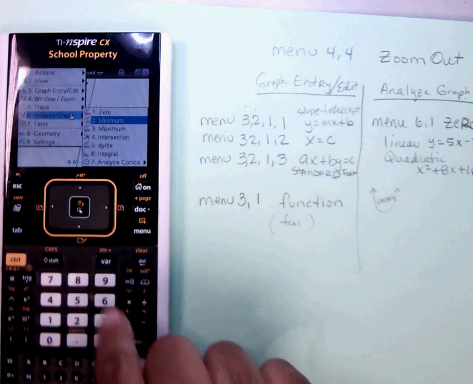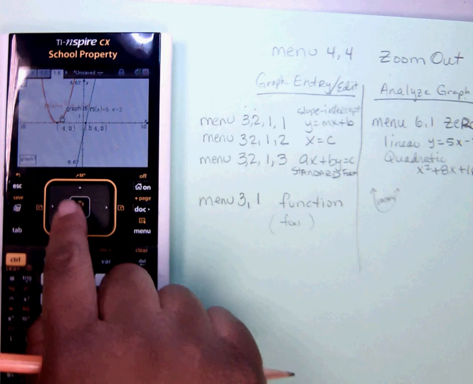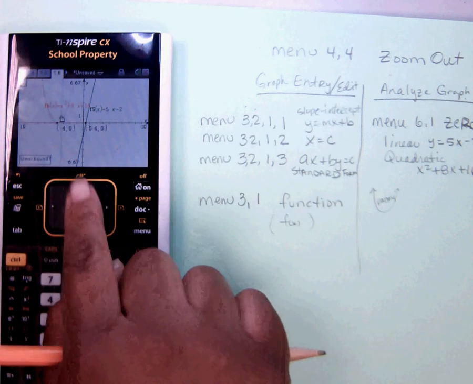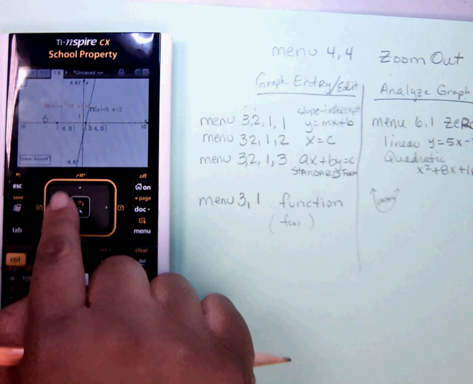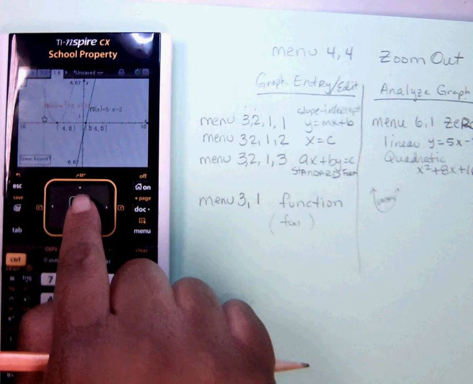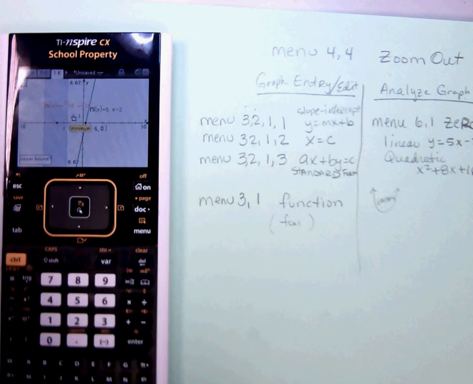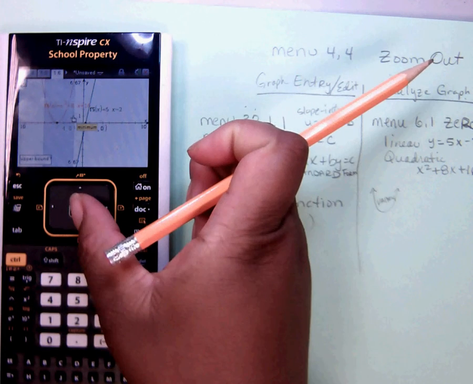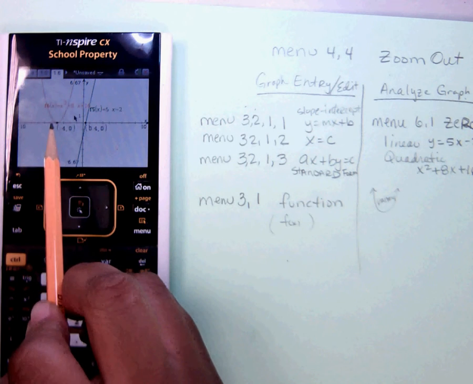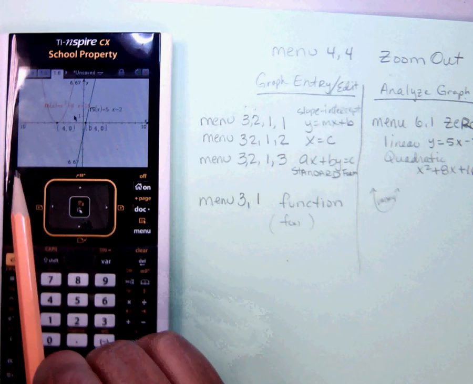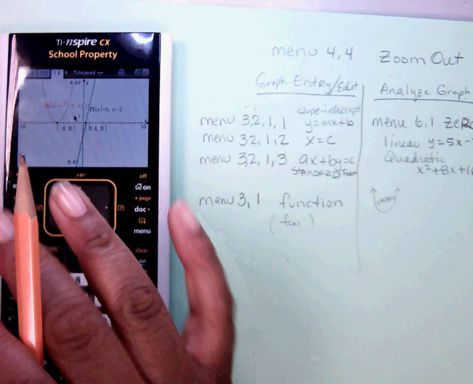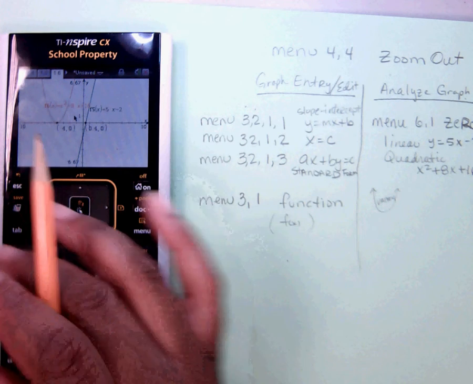So minimum, enter. Okay, so I'll pick this graph because I have two graphs on my screen. Lower bound, go to the left, click until it says upper, slide over, click, and your minimum happens at that point. So for this example, the minimum and the vertex were the same, and the roots were the same.